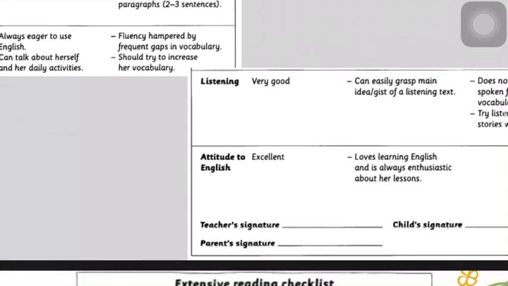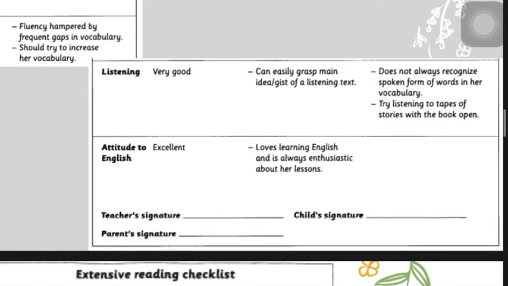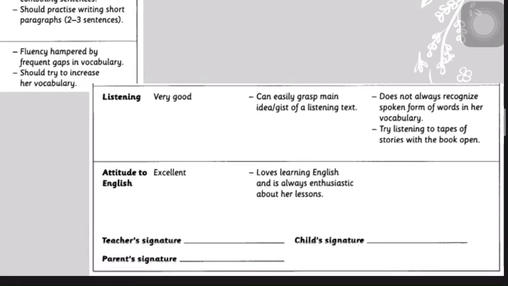And then for the listening area, her achievement is very good, she can easily grasp the main idea or key points of a listening text, but the weakness is she does not always recognize the spoken form of words in her vocabulary. And then try listening to tapes of stories with the book open. The last one, attitude to English.